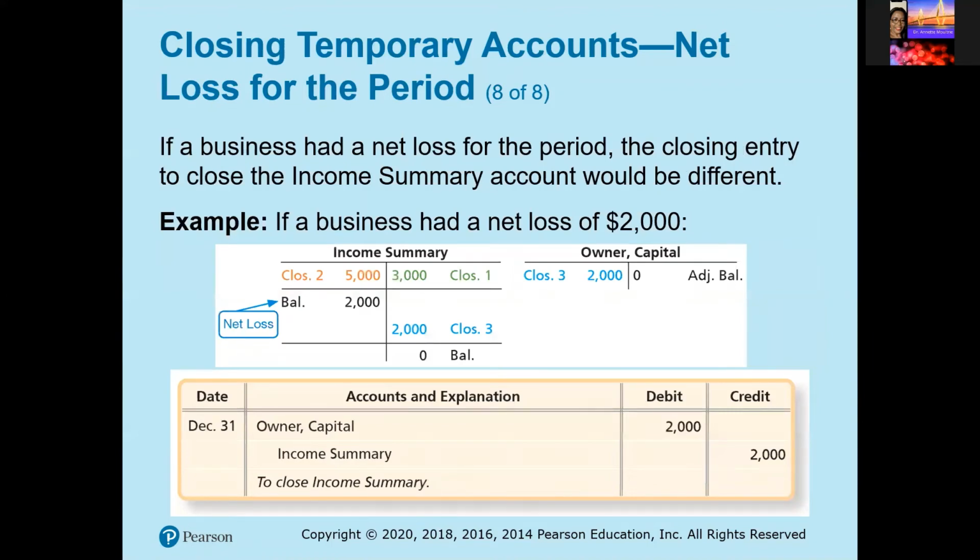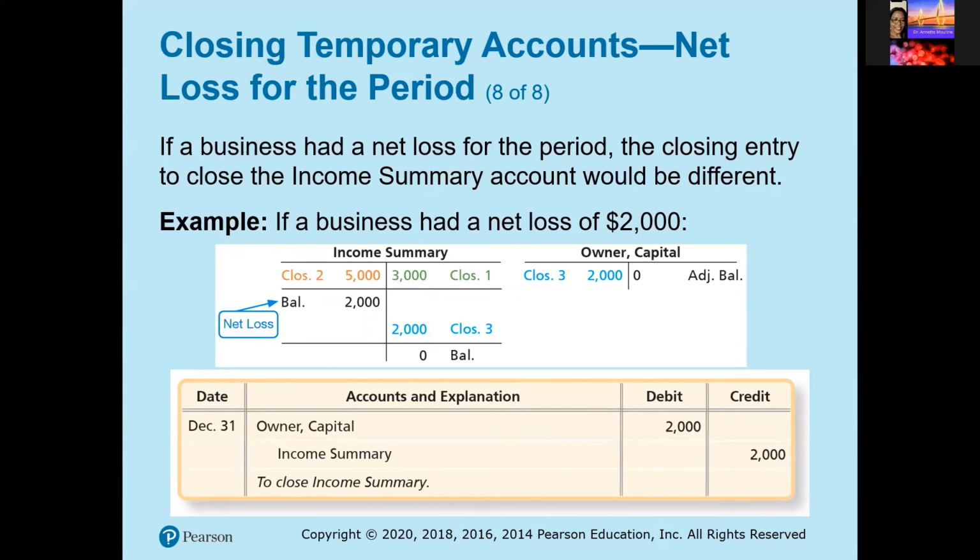Now, if a business had a net loss for the period, closing entries 1, 2, and 4 would be similar to those completed for net income. However, the closing entry to close the income summary account would be different. Consider this example.